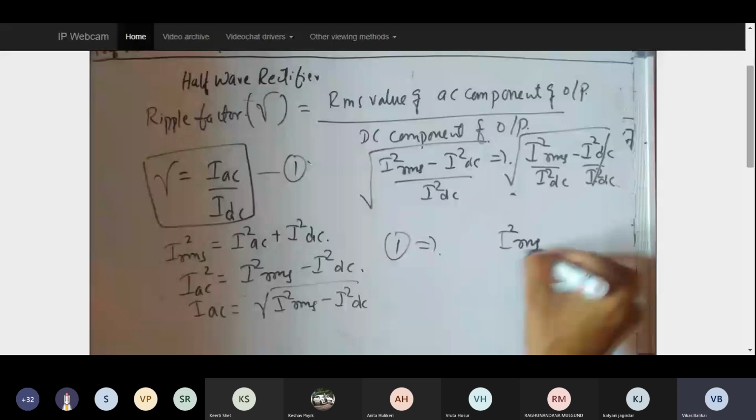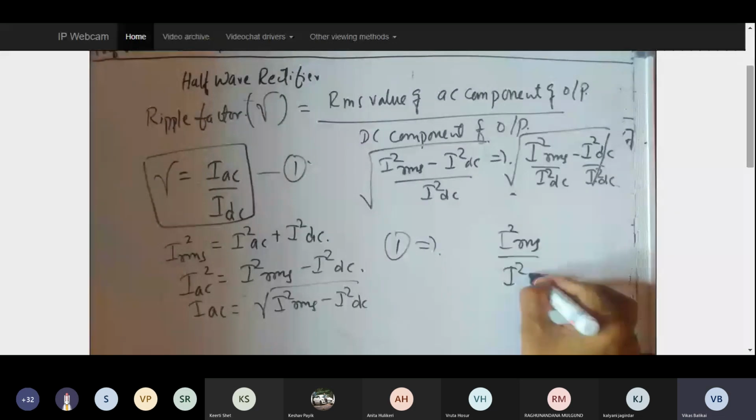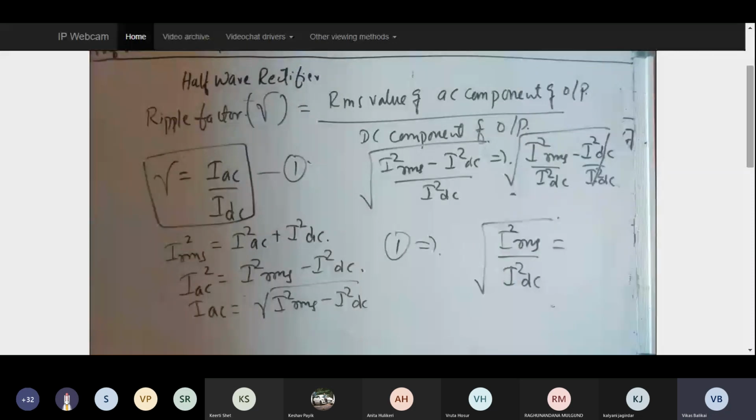Now let us substitute the value of I square RMS. What was the I square RMS value that I obtained for my half wave rectifier? Im by 2. And what was my IDC that I obtained for the half wave rectifier? Im by pi. So substitute that and do the square root and squaring term. Im cancels.